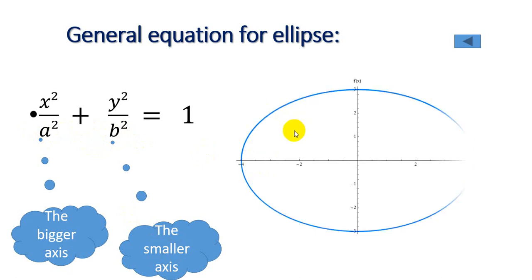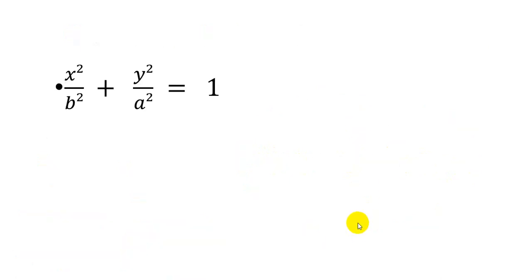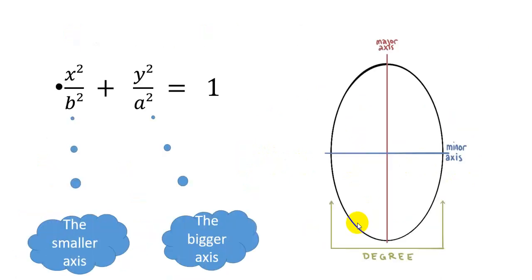See, in our general equation, a is with x and b is with y. Suppose I change it to the other orientation, so that one is y and this one is x. The equation will change: x square over b square and y square over a square, because a is the bigger one and b is the smaller one.